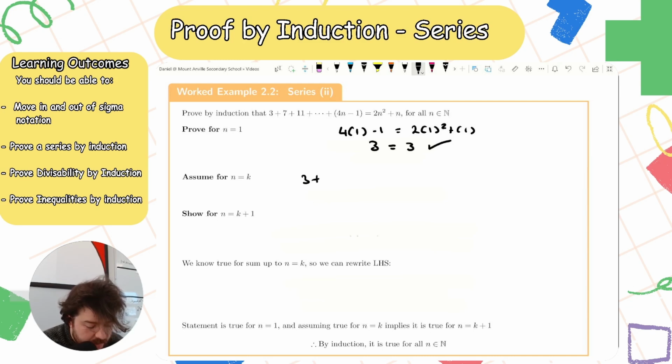Assume true for n equals k. That'll be 3 plus 7 plus 11 plus ... plus 4k minus 1 equals 2k squared plus k. Now we show true for n equals k plus 1.